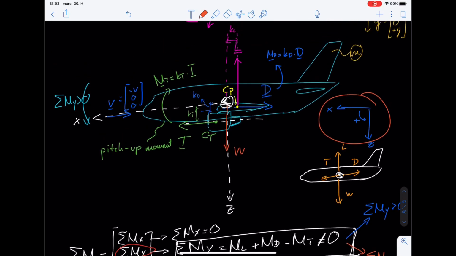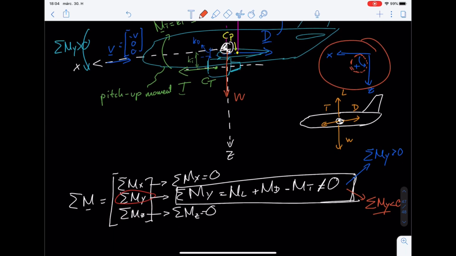So the reason for this is because we presume that the positive moments would be the one which has a counterclockwise rotation around the y-axis, but again, this is up to convention how you wish to view it. Of course, there's positive directions based on the rotations around the axis, but this is how we're gonna presume it for now.